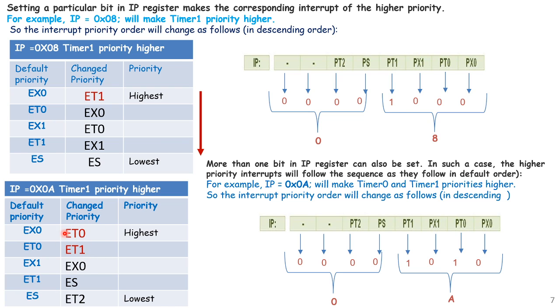If the priority is the same, then the highest one will be according to the default value. So ET0 having highest, ET1 having second highest. So highest will be given to timer 0 and then timer 1, external interrupt 0, INT 0, serial interrupt, and then 8. So this has the lowest priority.